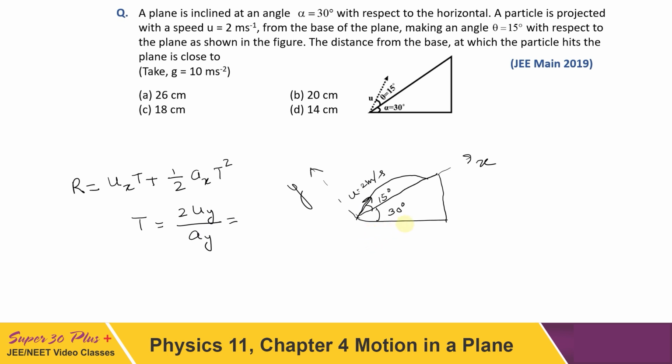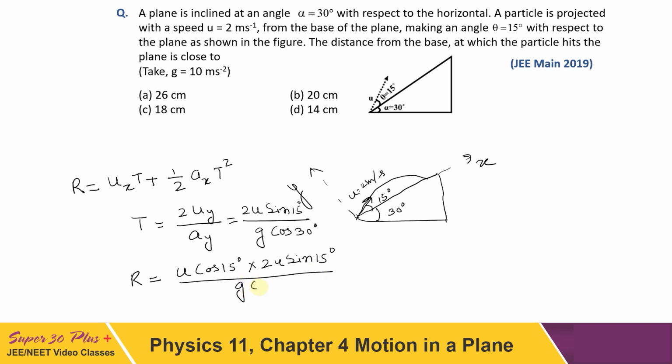If we substitute the values, that will come as 2u sine 15 degree upon g cos 30 degree. And ux is u cos 15 degree. This is multiplied with t, which is 2u sine 15 degree upon g cos 30 degree.